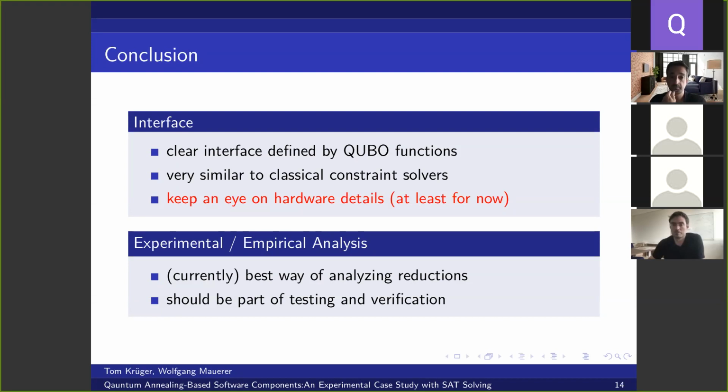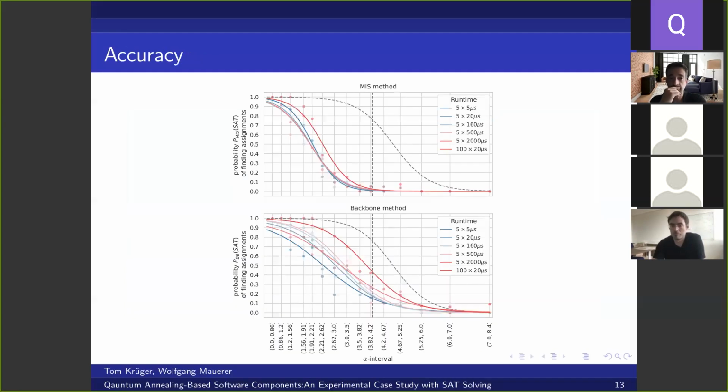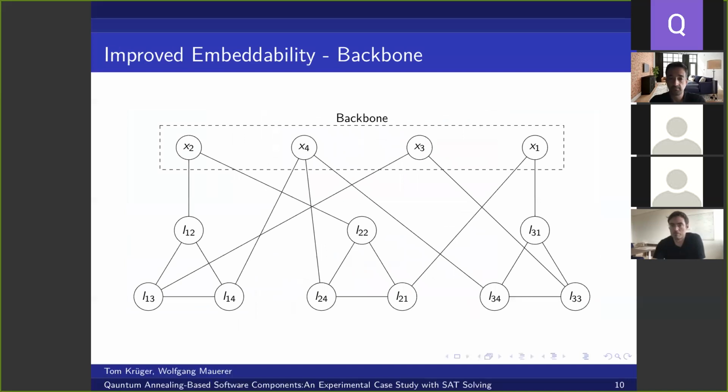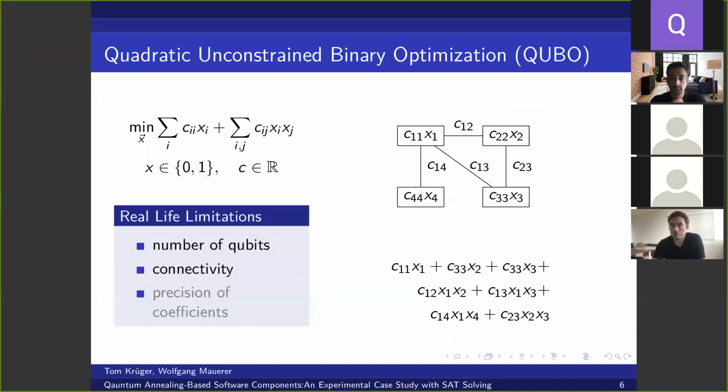Yes, I think the advantage of these quantum annealers is that our interface is strictly mathematical with this QUBO function, and this is not quantum at all. So you don't have to think much about the quantum properties.